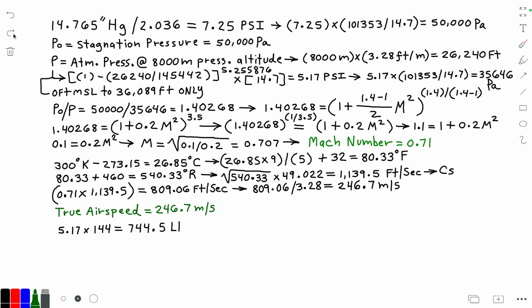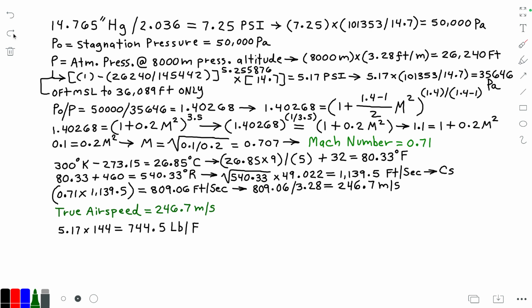So the true airspeed with these metrics of 8 kilometers pressure altitude, 300 degrees Kelvin air temperature, and then we have 14.765 inches of mercury Hg in the pitot tube, and then we have to solve for the static tube so we can get Pitot-Static together. And so based on those values, the true airspeed is 246.7 meters per second, or a Mach number of 0.71. So the next thing we have to do is compute the calibrated indicated airspeed.